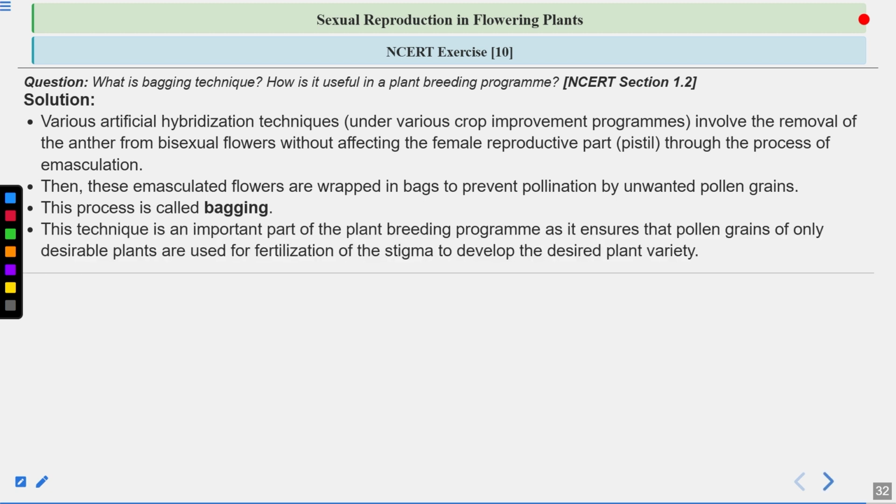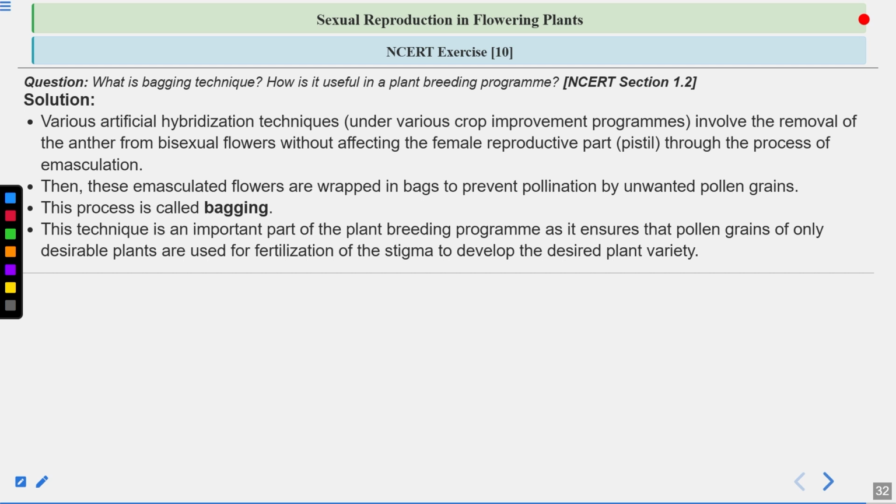This technique is an important part of the plant breeding program as it ensures that the pollen grain of only desirable plants is used for fertilization. You have some chosen plant whose pollen grain you want brought to pollinate the flower which you have made a female flower, right?